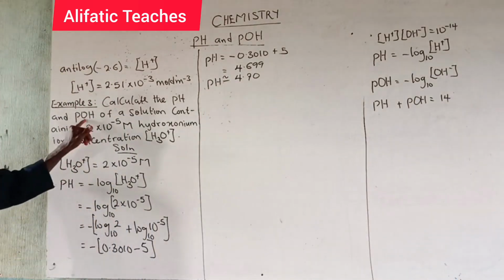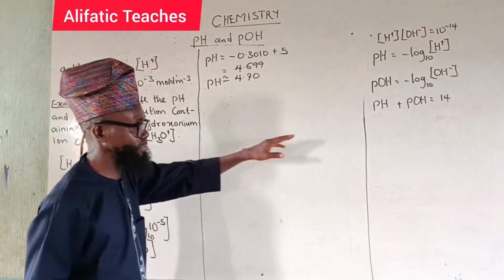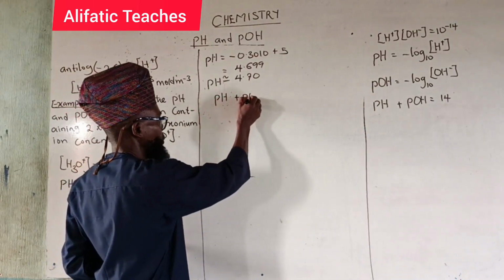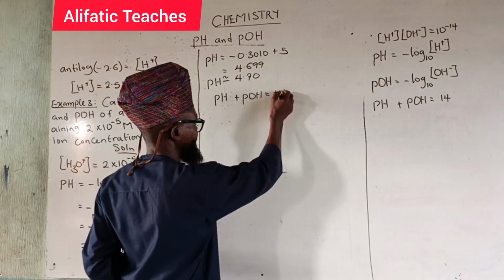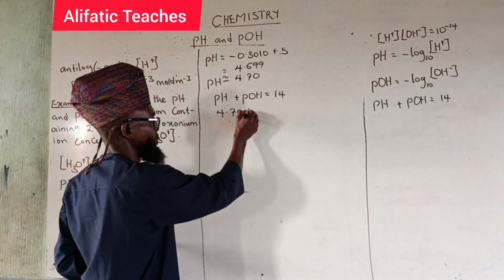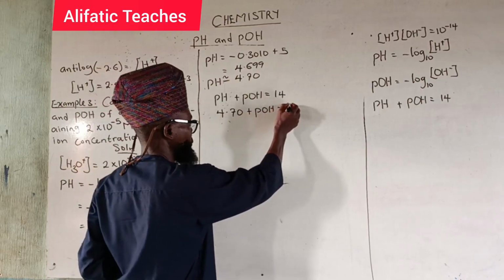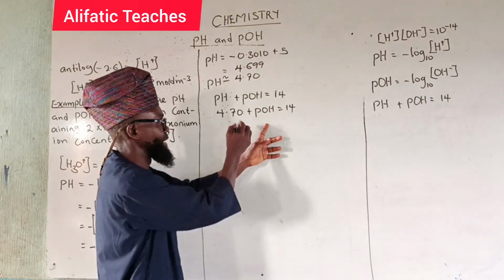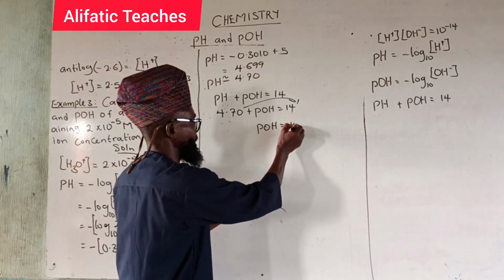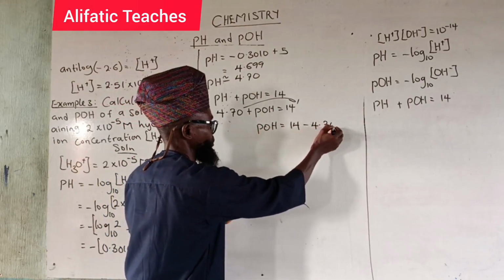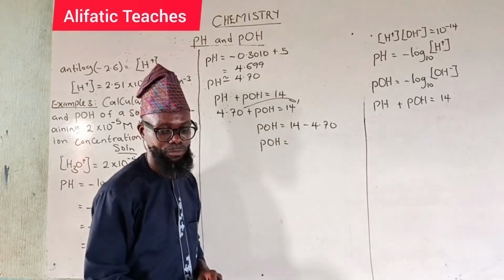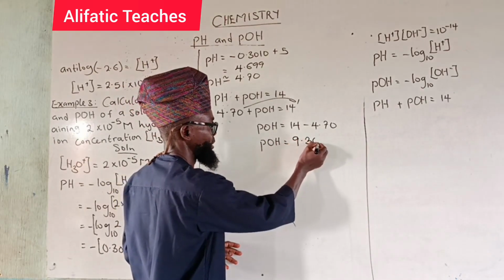Now we've gotten our pH. The next step is to find our pOH. You can apply the formula pH plus pOH equals 14. Our pH is 4.70, so 4.70 plus pOH equals 14. pOH is equal to 14 minus 4.70, so our pOH has a value of 9.30.